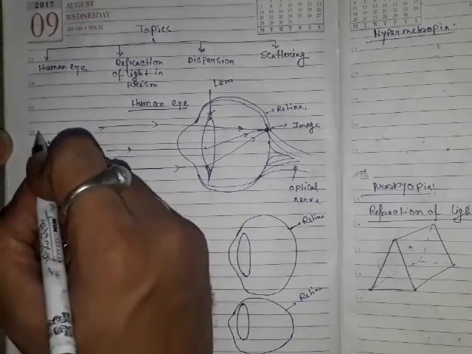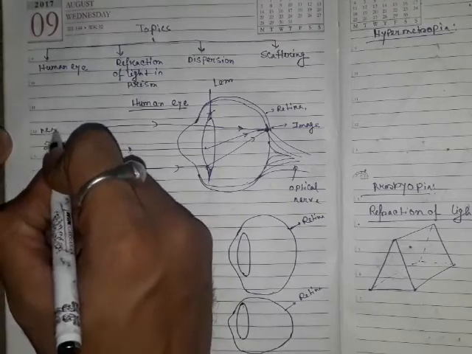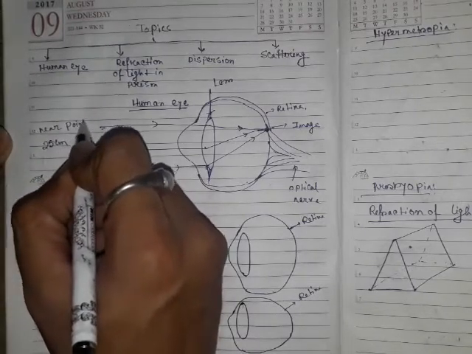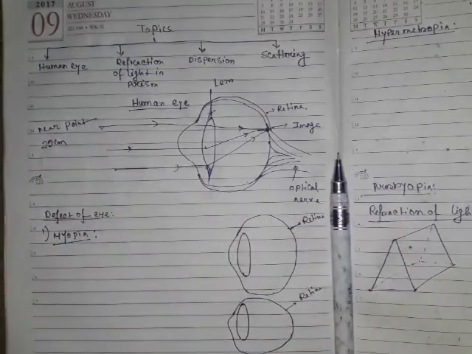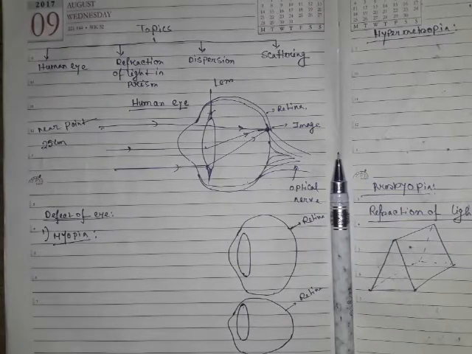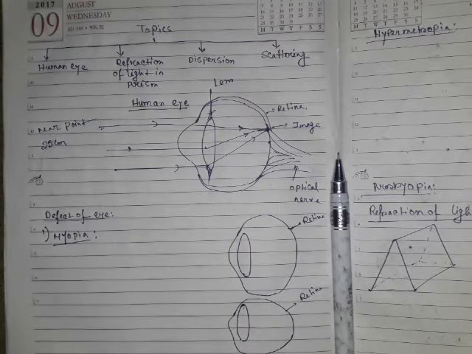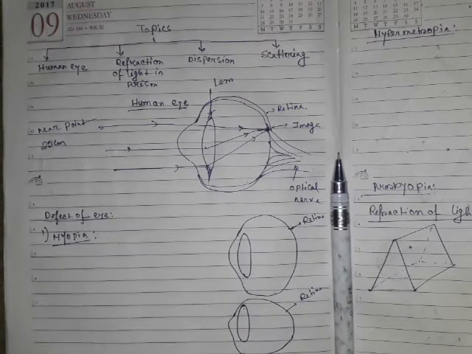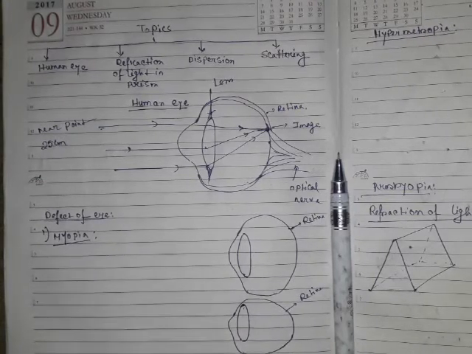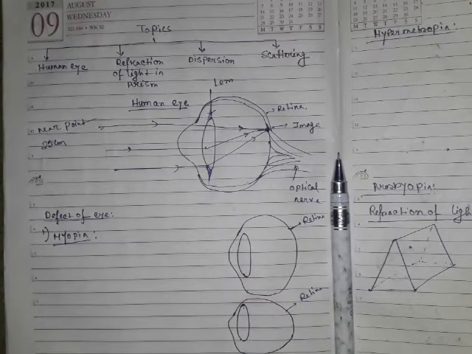This is called the near point of the human eye, and it is sometimes called the minimum distance or least distance for distinct vision. That means when you put any object at 25 centimeters, you can see it clearly, but if you put it at 20 centimeters or 15 centimeters, you will not be able to see it clearly.